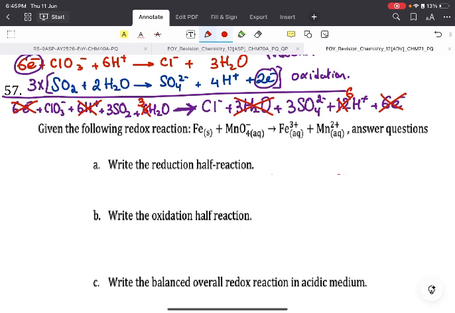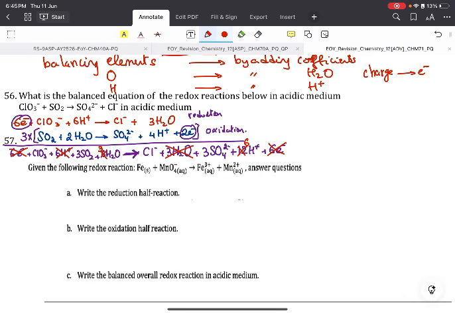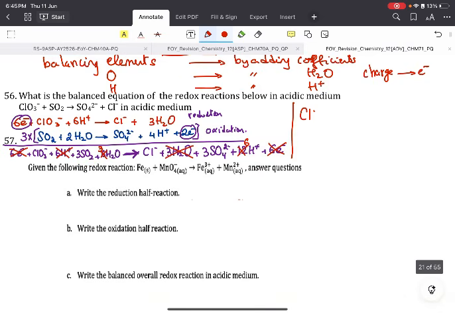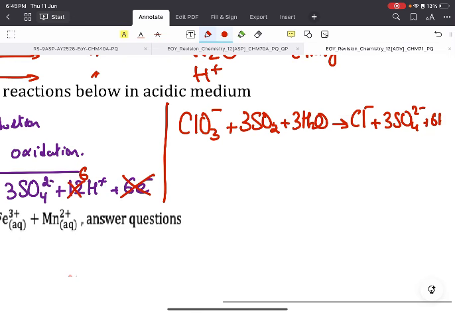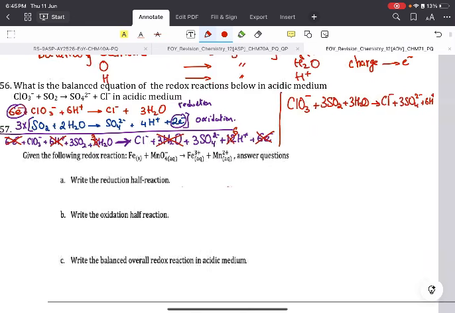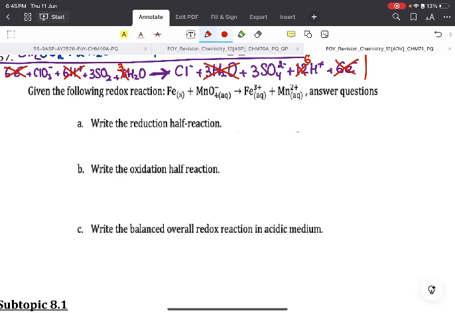So from the 6H2O, 3 are left. And now you can write your final answer to be ClO3 minus plus 3SO2 plus 3H2O giving Cl minus and 3SO4 2 minus and 6H plus. That's the final answer.